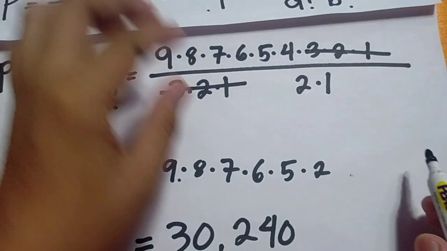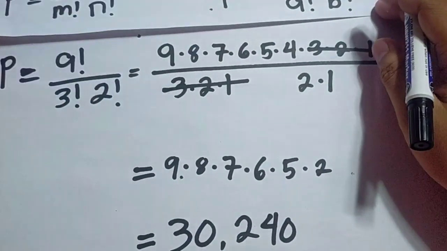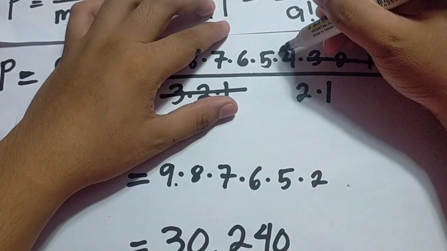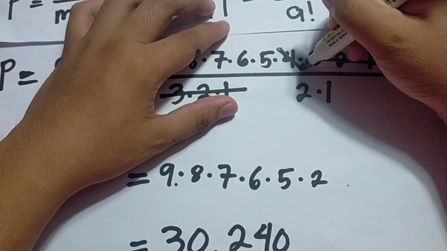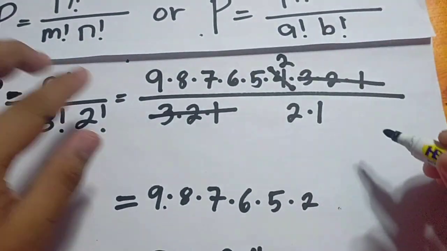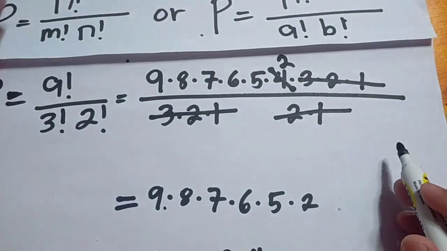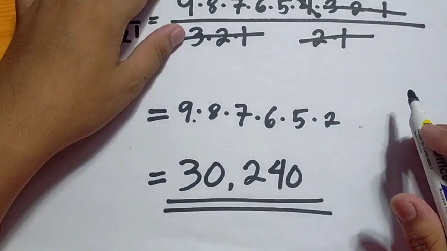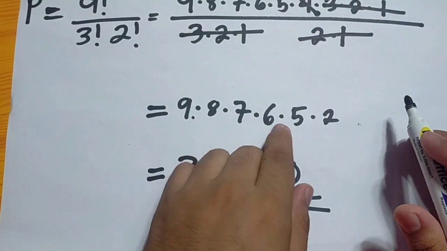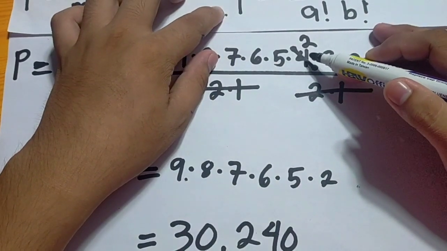So, 2 times 1 remains. So, what do we do? We divide by 2. We cancel the 4, and then make it a 2, because the 2 is cancelled out here. And then, what remains is 9 times 8 times 7 times 6 times 5 times 2, because we cancelled out the 4.